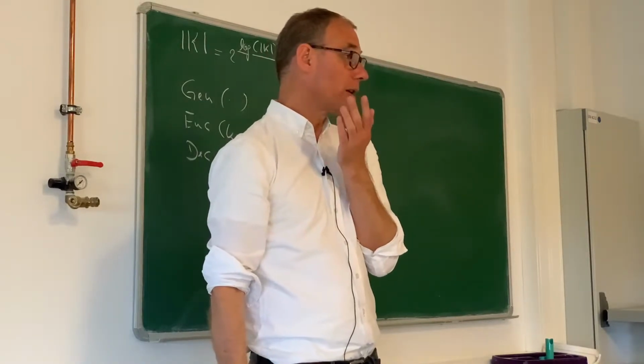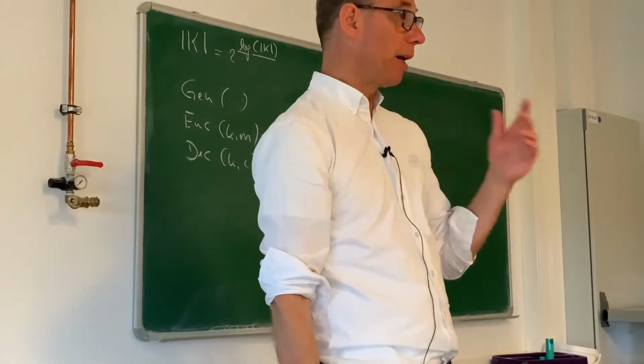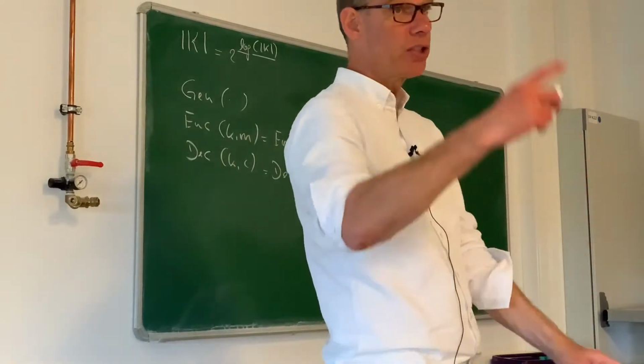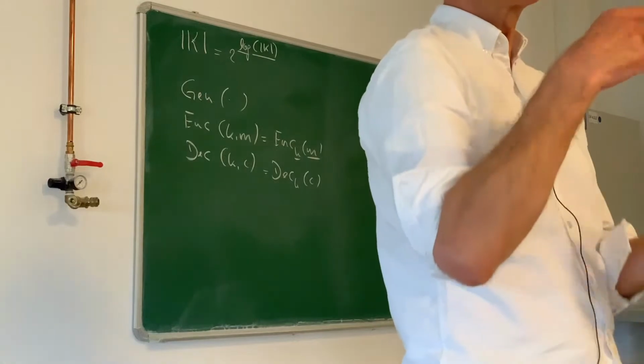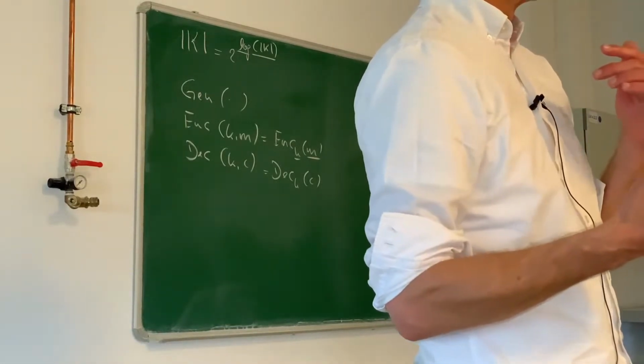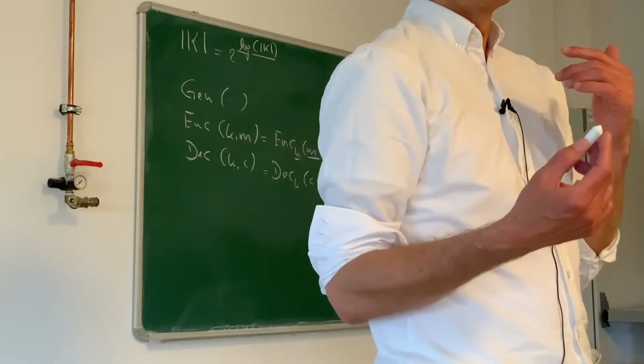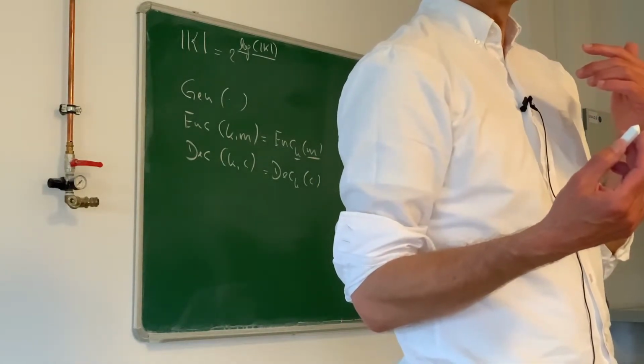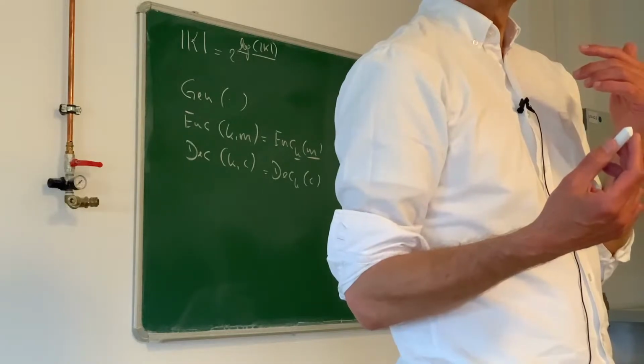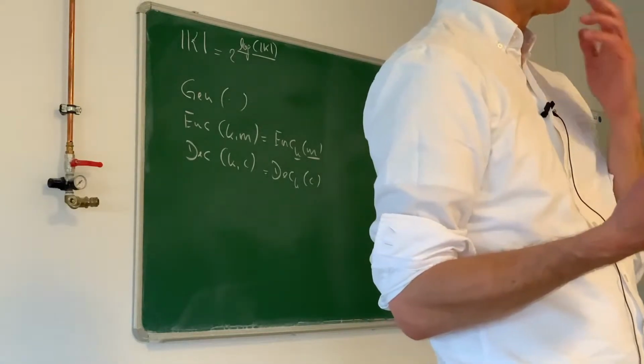But if I want to talk about a probabilistic polynomial time algorithm, also for the schemes themselves, not just for the adversaries, also the schemes must be efficient. You don't want to use an encryption scheme that takes time 2 to the 1000, because that will not finish in your lifetime.